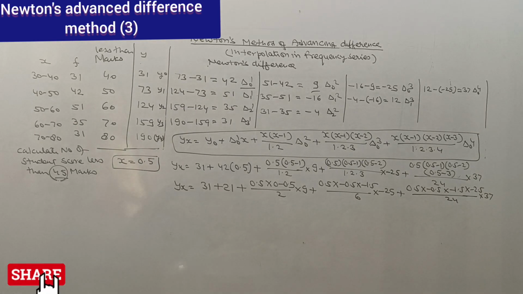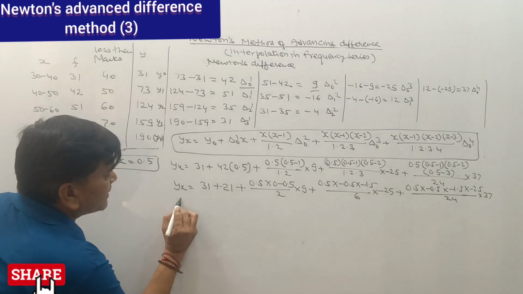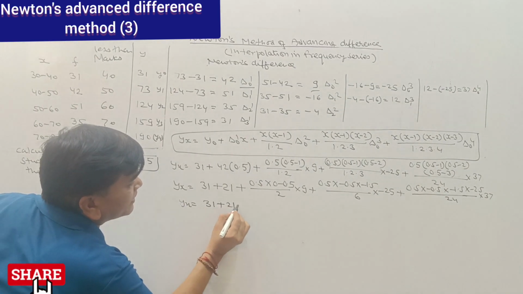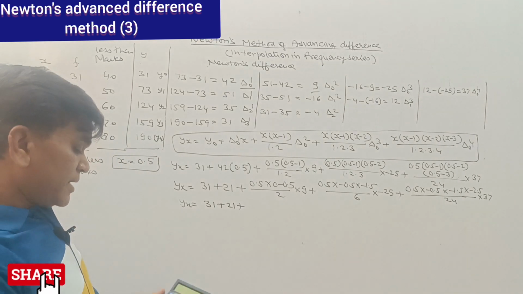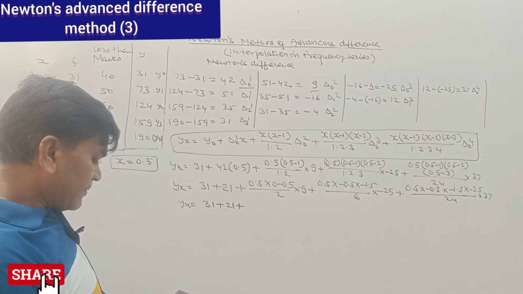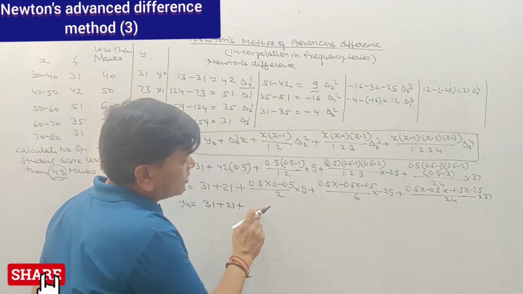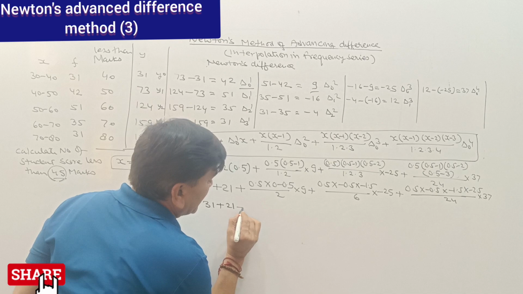I think this may be on your screen, no problem at all. So the y-x: first one is 31, plus the second one is 21. Now the 1 minus is over there, so the whole value becomes negative.